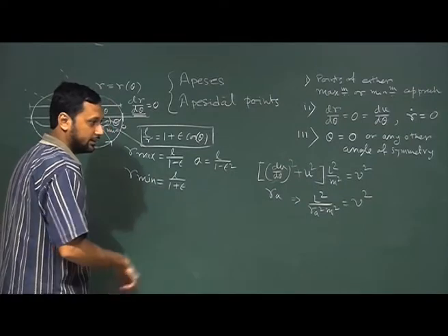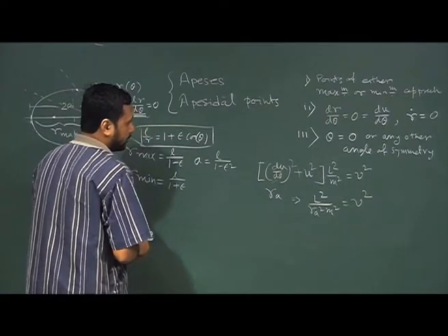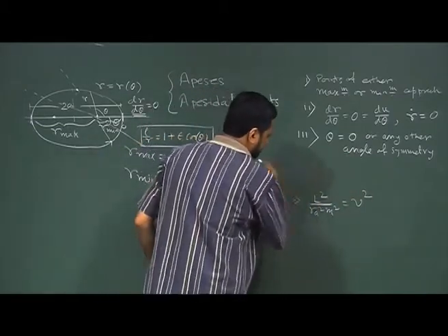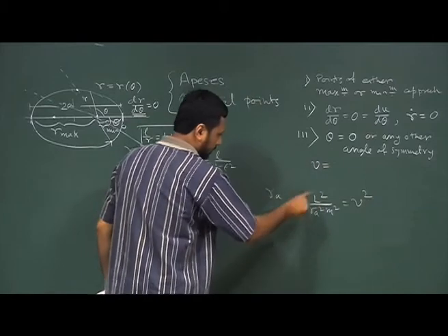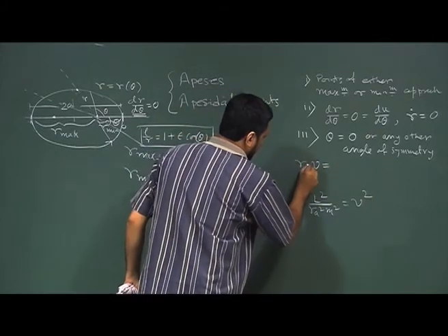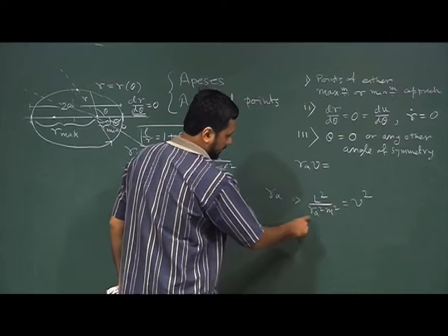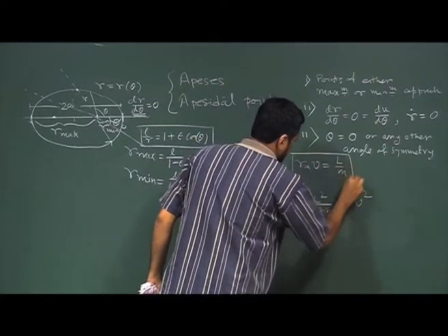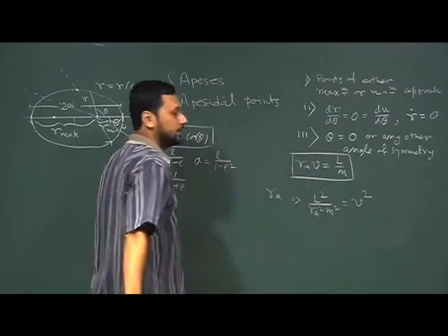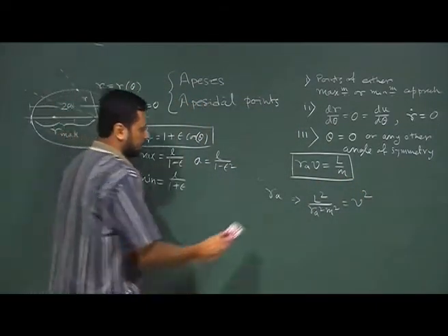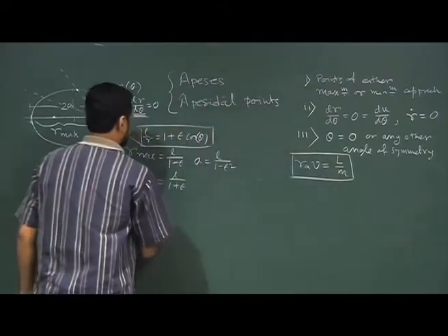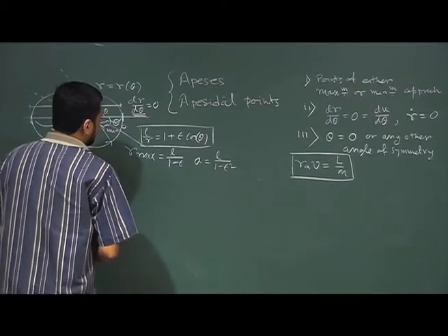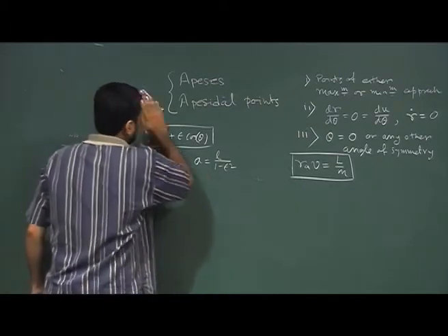Once again, we can take the root of this equation and write a relation which is r a v equal to L by m. So, this is a very crucial relation we have in hand, right. So, how are we going to use this relation?